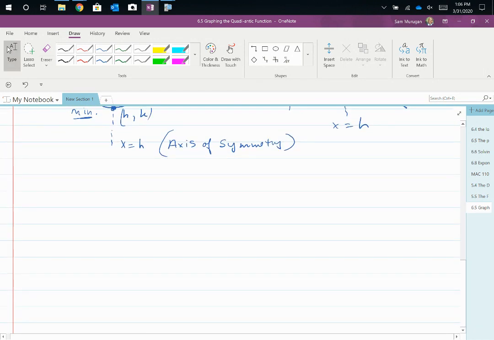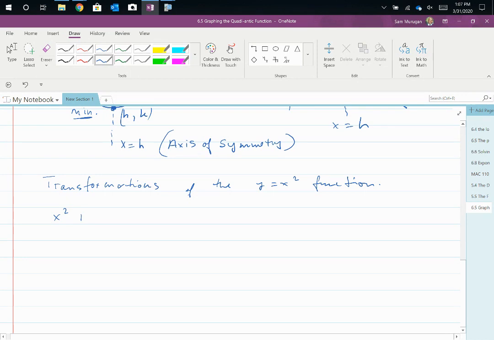Now, I want to talk about transformations of the y equals x squared function.